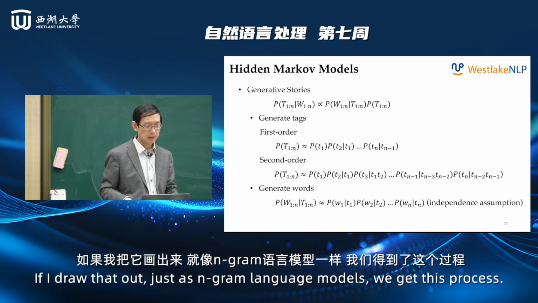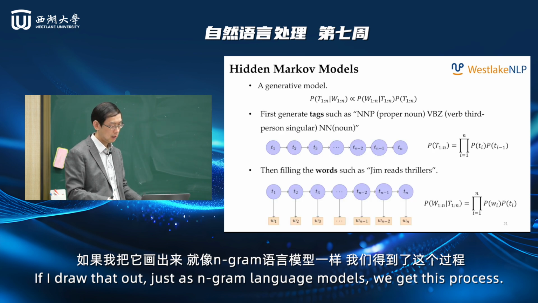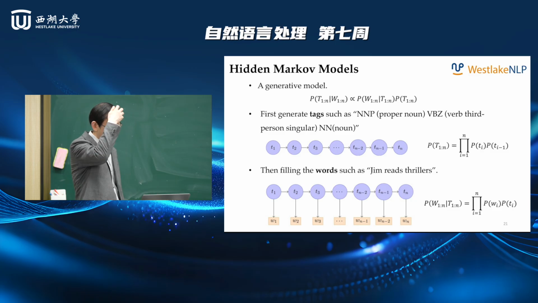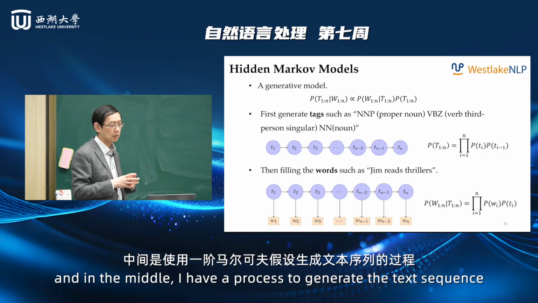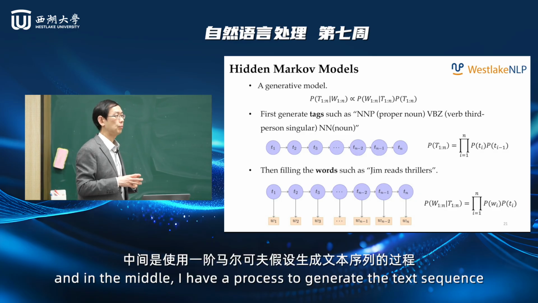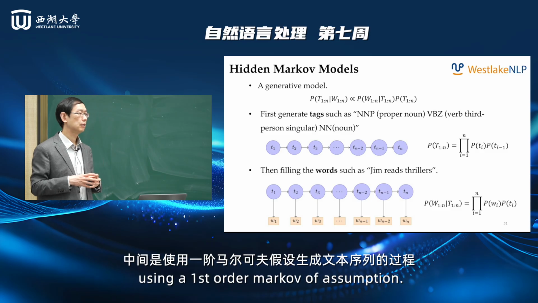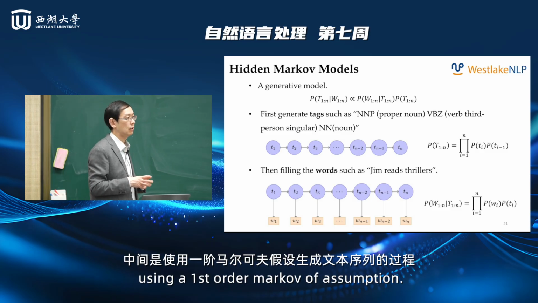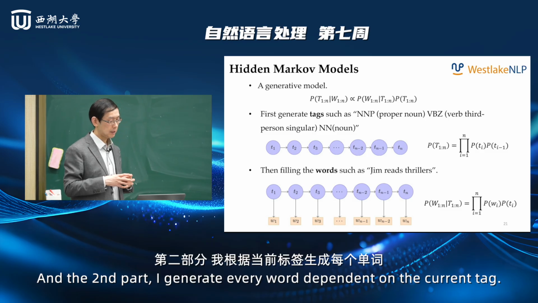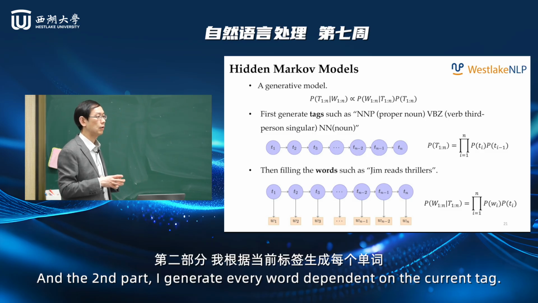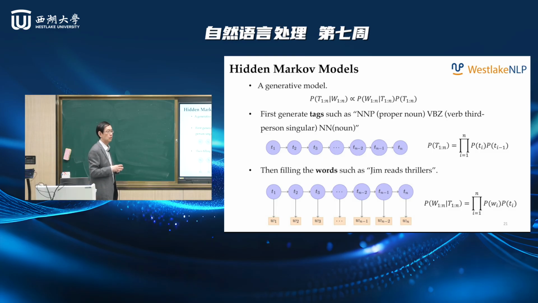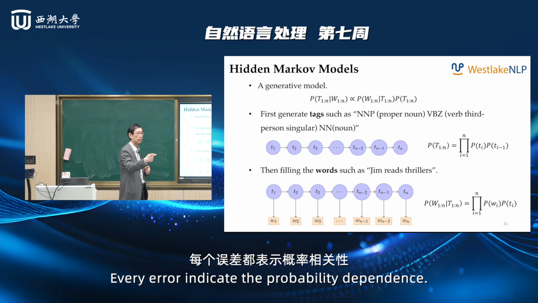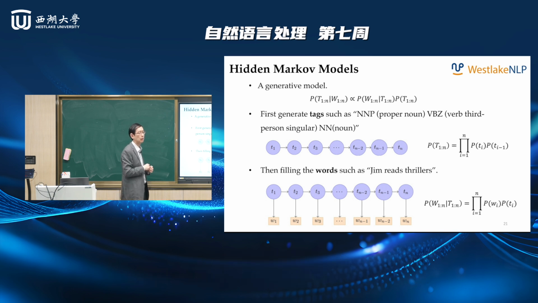So if I draw that out, just as n-gram language models, we get this process, okay? So on the top is the parameterization, and in the middle, I have a process to generate the tag sequence using a first order Markov assumption, right? And the second part, I generate every word dependent on the current tag, okay?